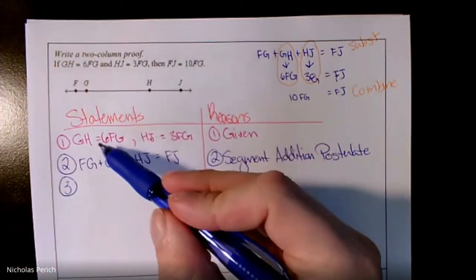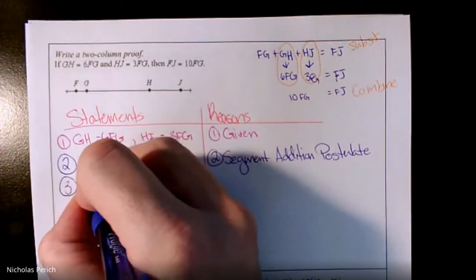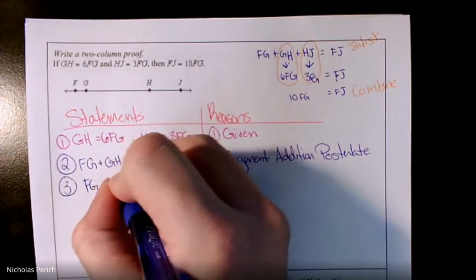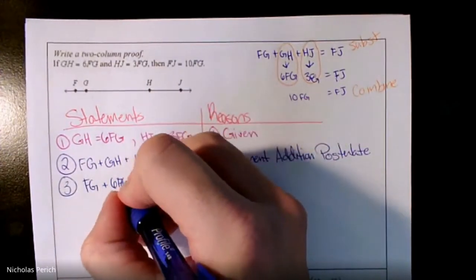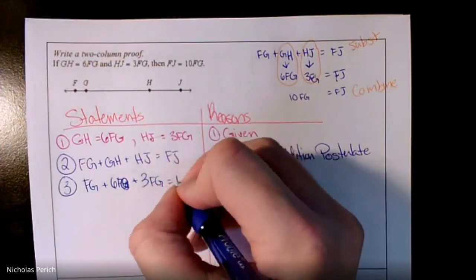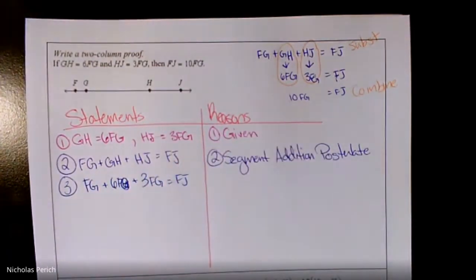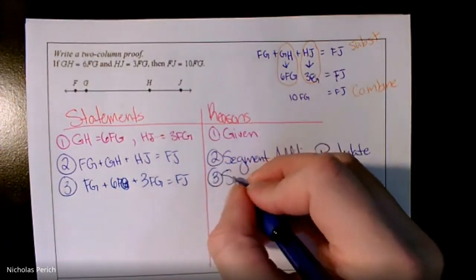GH, last time I checked, is 6 FG. So I have FG plus 6 FGs. HJ, last time I checked, was 3 of them. That should be a G. That's going to equal FJ, and I substituted there.